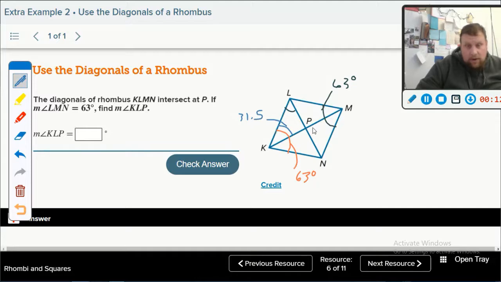So then here's what I know. They always bisect each other with a perpendicular angle. So 31.5 plus 90, subtract that from 180 will give me my missing angle. So 31.5 plus 90 is just 121.5. So I'm going to have 180 minus 121.5. So that should be what? 58.5.